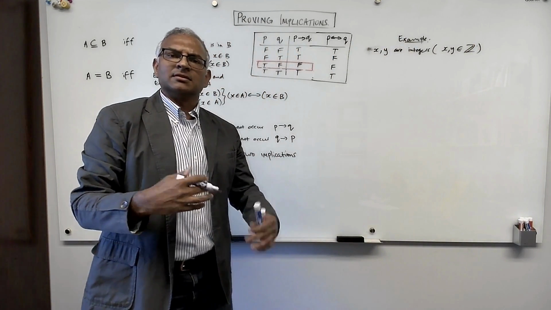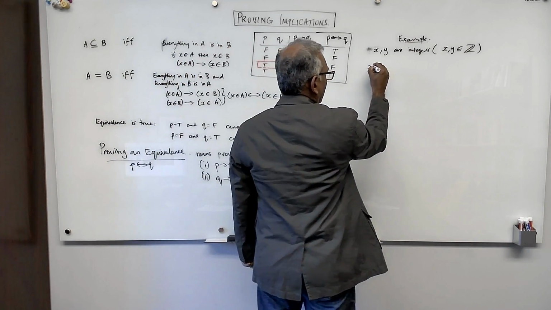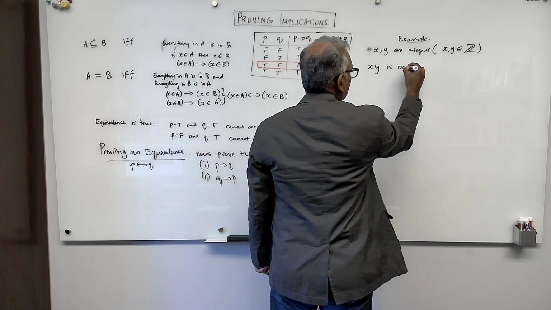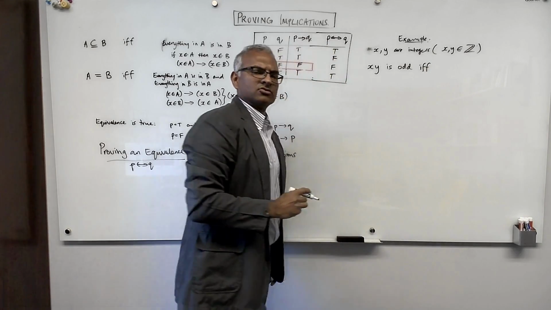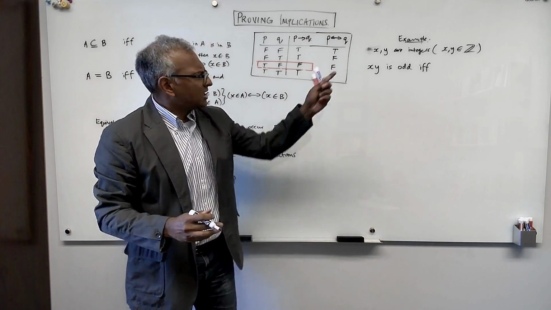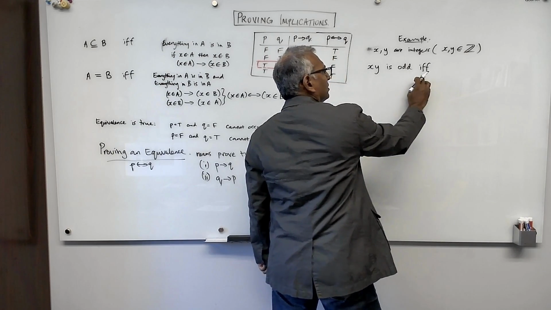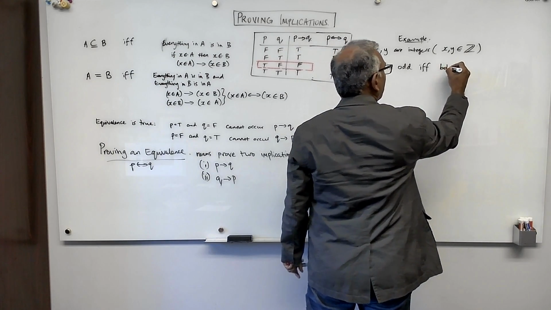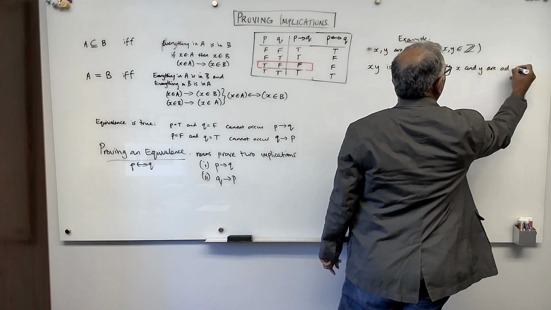Now, here's an equivalence. Here's an if and only if. xy is odd if and only if, so we'll say IFF, so that nobody else but mathematicians can read. Don't worry, anyone can read as long as you know what IFF means. If and only if, equivalence. xy is odd if and only if both x and y are odd.